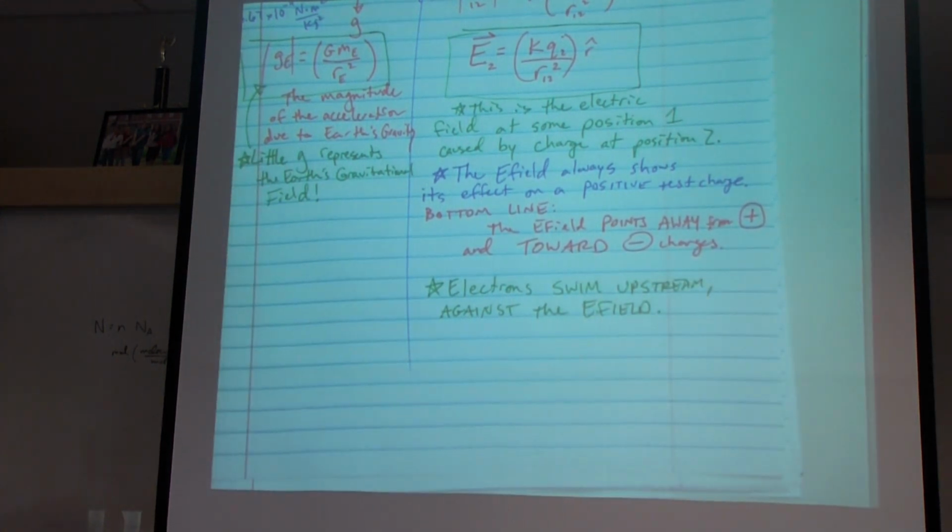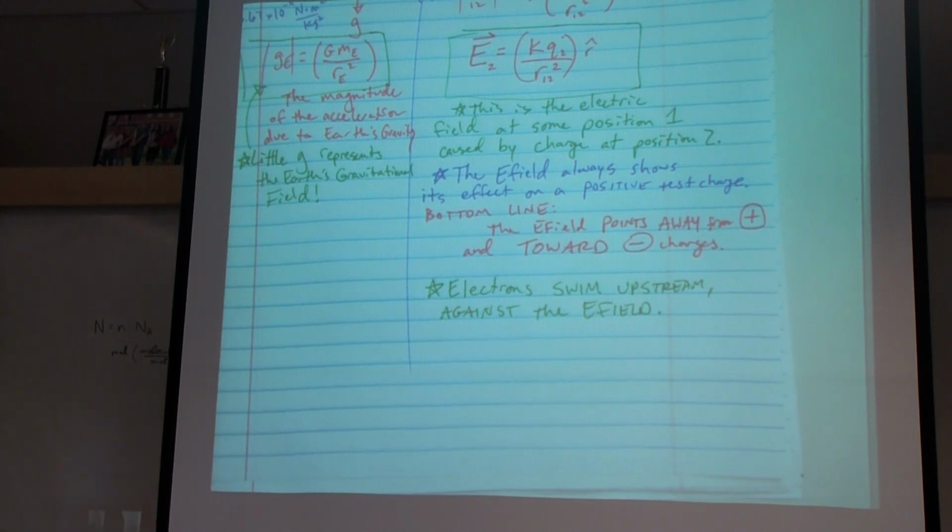What the heck am I talking about? Electrons swim upstream against the electric field. The electric field shows us what happens to positive charges. So what do negative charges do? The exact opposite.